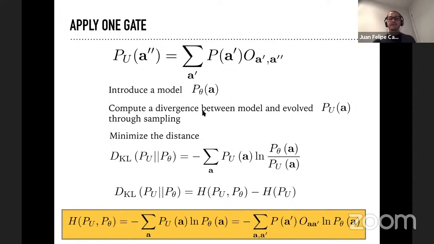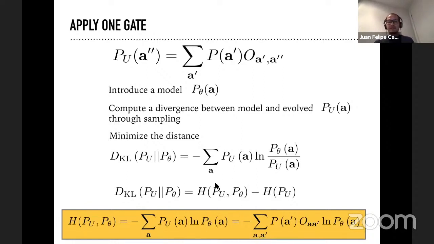We compute the divergence between PU and P theta, and then we minimize this divergence, or this distance. We took the KL divergence between PU and our model, which we split into cross entropy and the entropy of PU. The entropy of PU is independent of the parameters of the model, so all we care about, at least for optimization, is this cross entropy term.